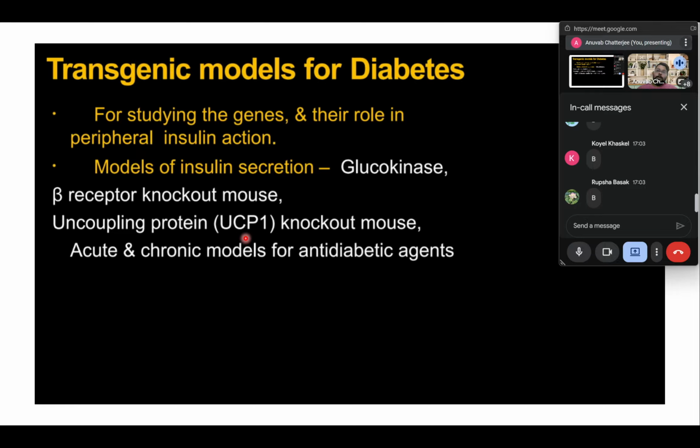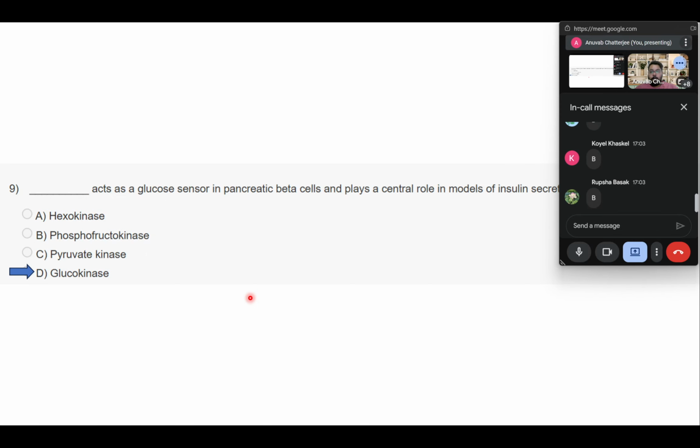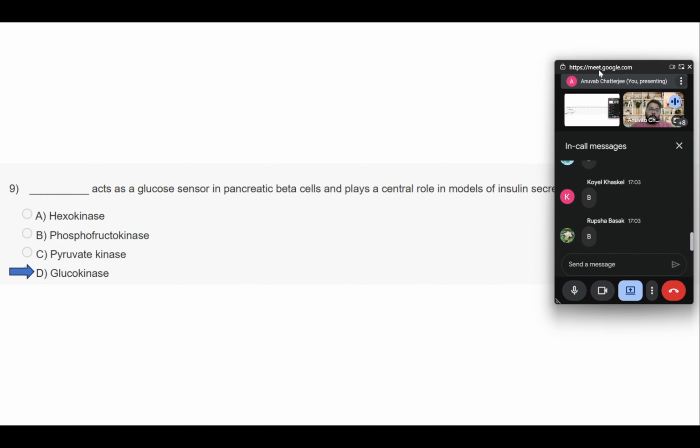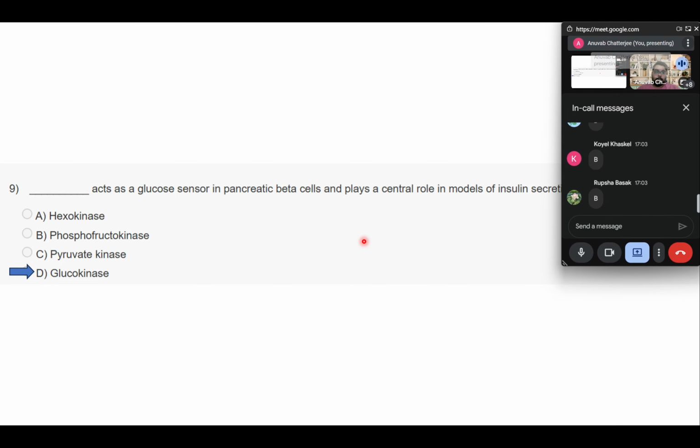Then you can treat the mice with different drugs that can prevent diabetes, such as GLP-1 inhibitors, and figure out if your drug is working or not. So, blank acts as a glucose sensor in pancreatic beta cells and plays a central role in models of insulin secretion, and the answer is glucokinase.